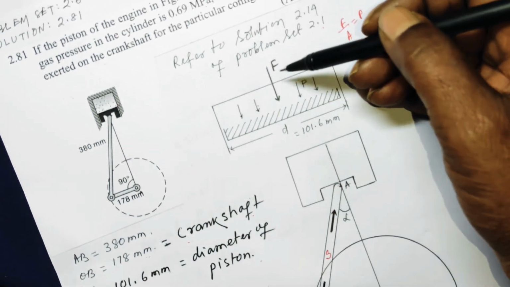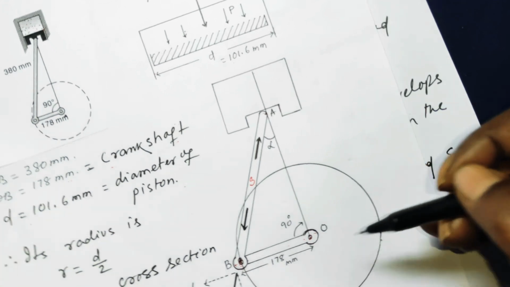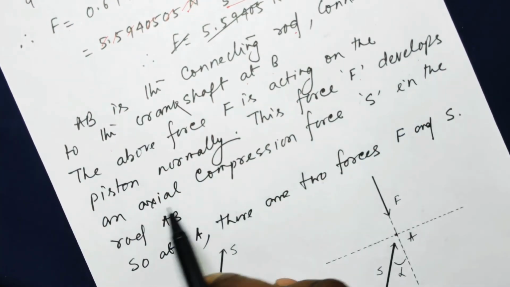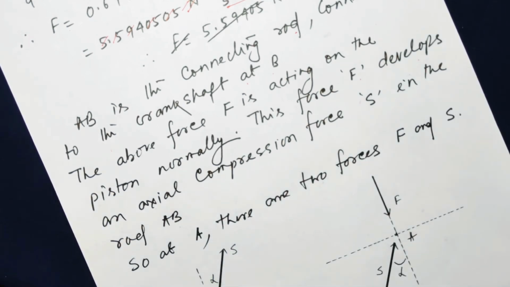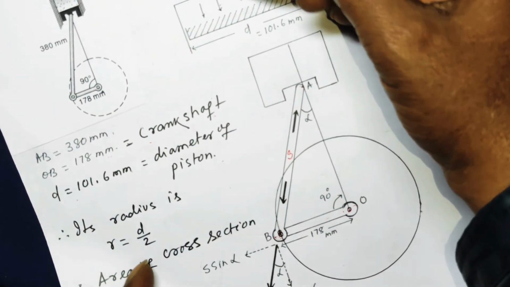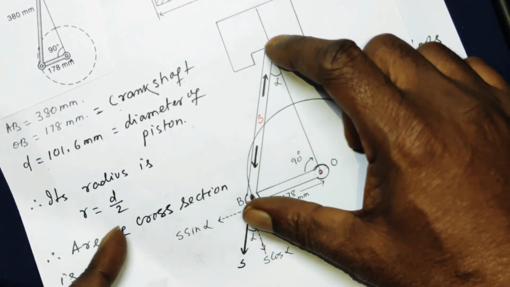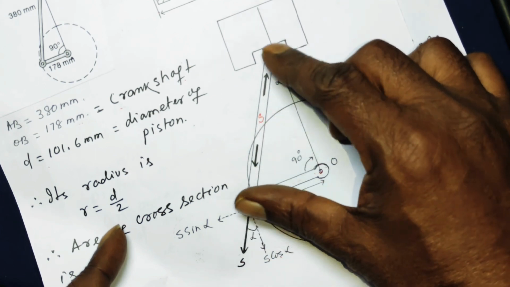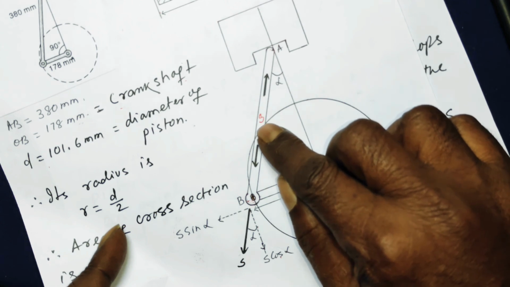This force F is acting on the piston normally along this side. Now, due to this, force F will develop an axial compression force S in the connecting rod AB. This F, which is acting normally like this, will develop a compression force in the connecting rod AB, and that I have represented as S.